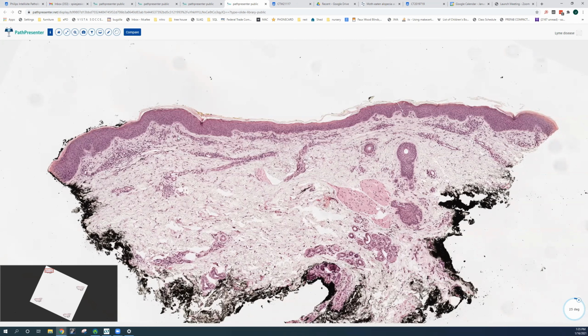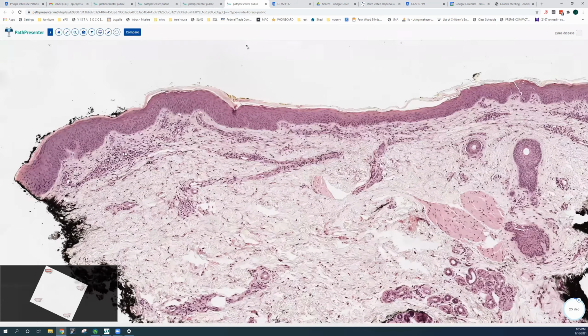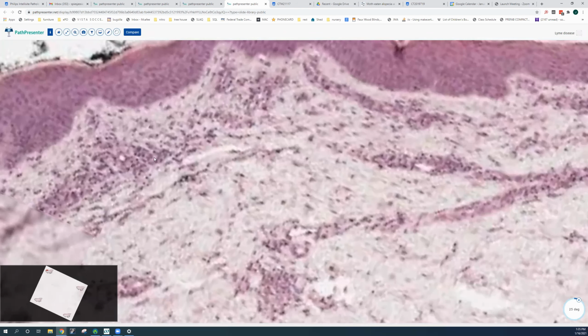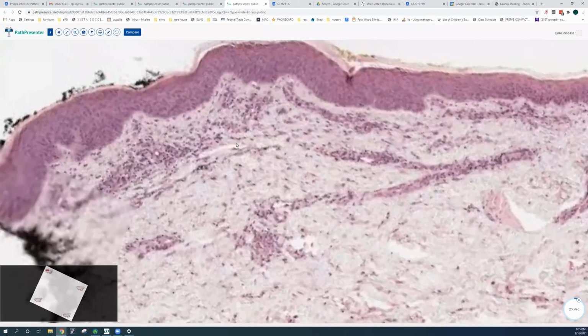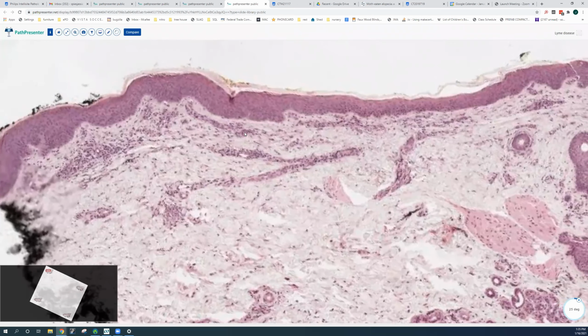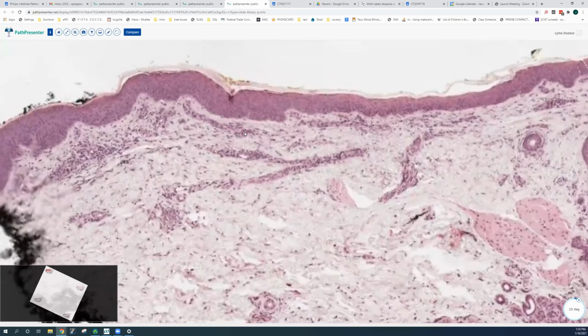You can see there's a superficial and kind of slightly deep infiltrate, there are a few lymphocytes down here, mostly of lymphocytes. There are not uncommonly eosinophils in ECM, and often plasma cells as well.